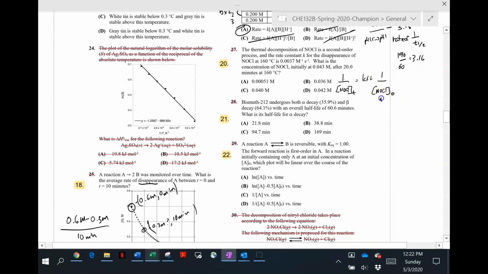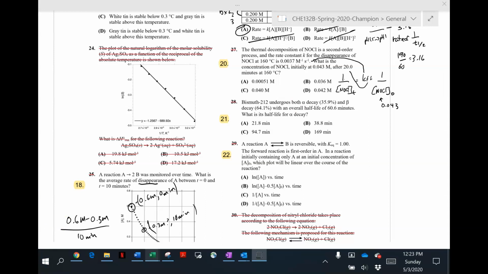That's going to be our 0.043. This is our rate constant here. That's going to be that value right there. This is 20 minutes. We're going to need to convert minutes to seconds. So let's do that calculation.